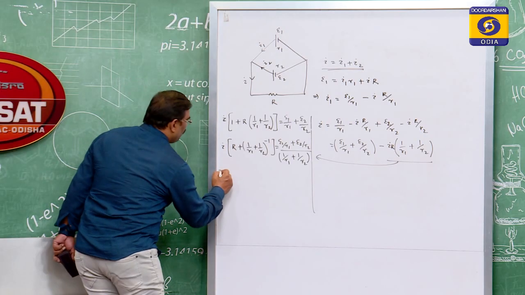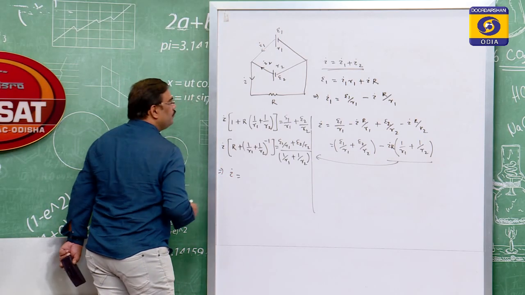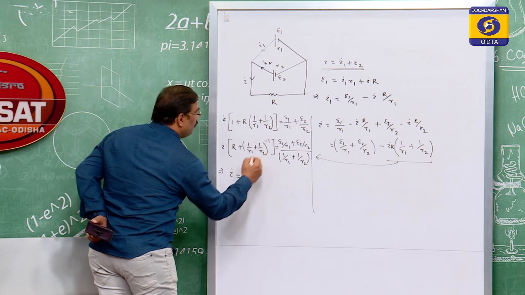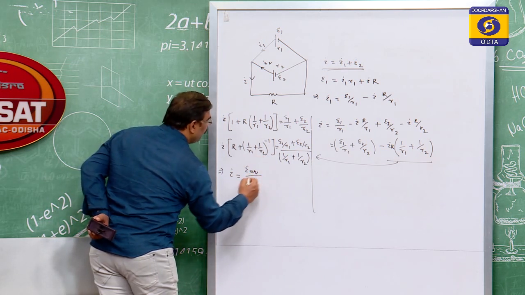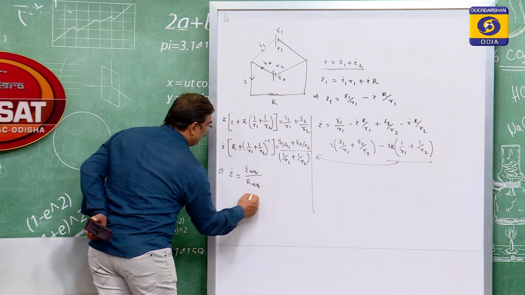So, my I equal to this E equivalent divided by R equivalent.